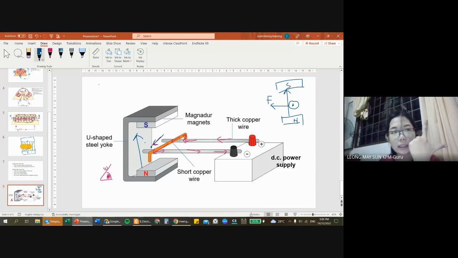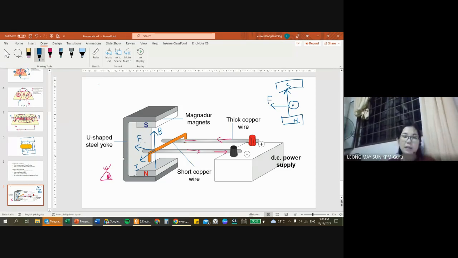What does this mean? When the magnetic field goes up and the current comes out, this wire will move towards the left hand side of the picture. So the magnetic force will move towards the left hand side.